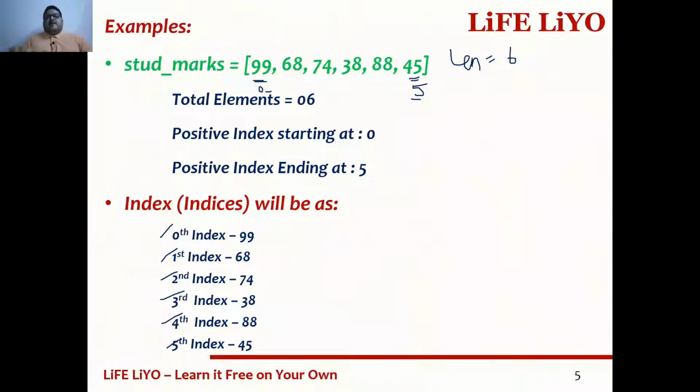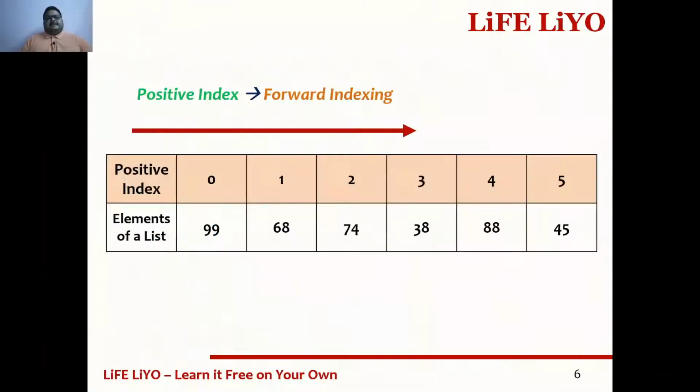This is the positive list index. How is it represented? Look at here. When we write it in a table, the positive indices start from 0 and end at the length minus 1, and every element is held in one index position like this.